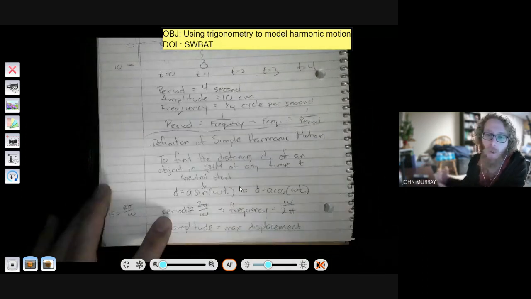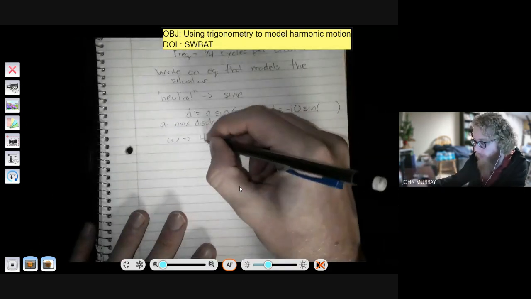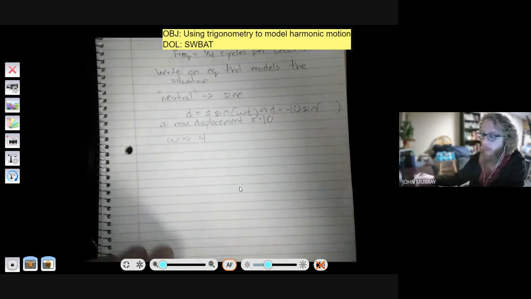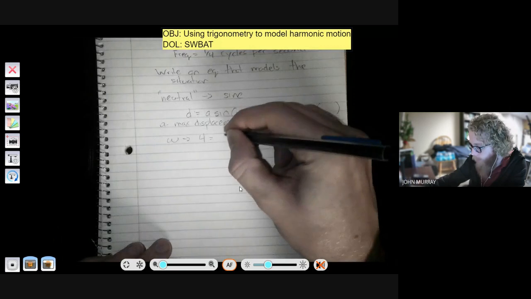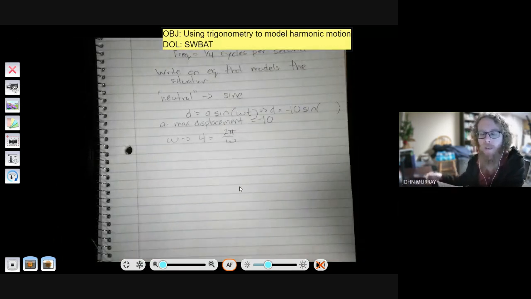I'm going to do period since we were told what the period was. The period was 4 seconds. So again, the omega isn't 4. It's going to be 4 equals 2 pi over omega, and now we have to solve for that variable.